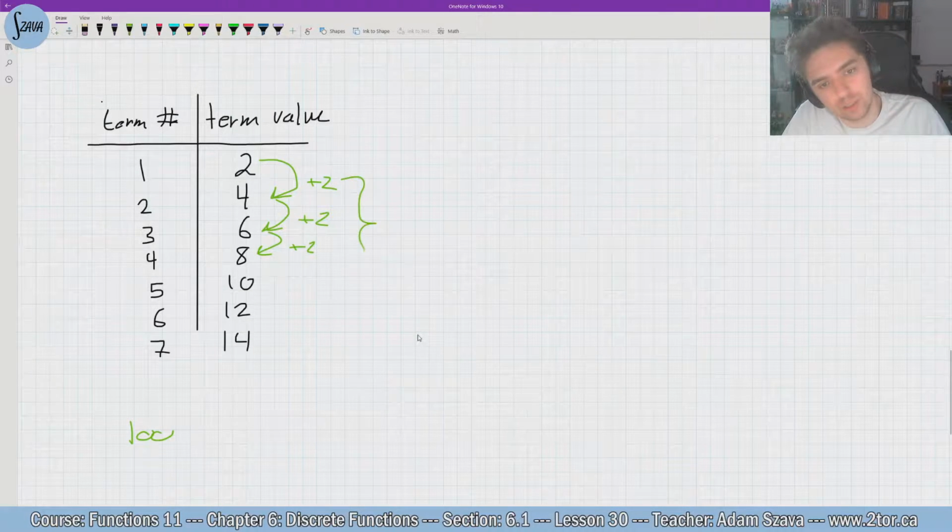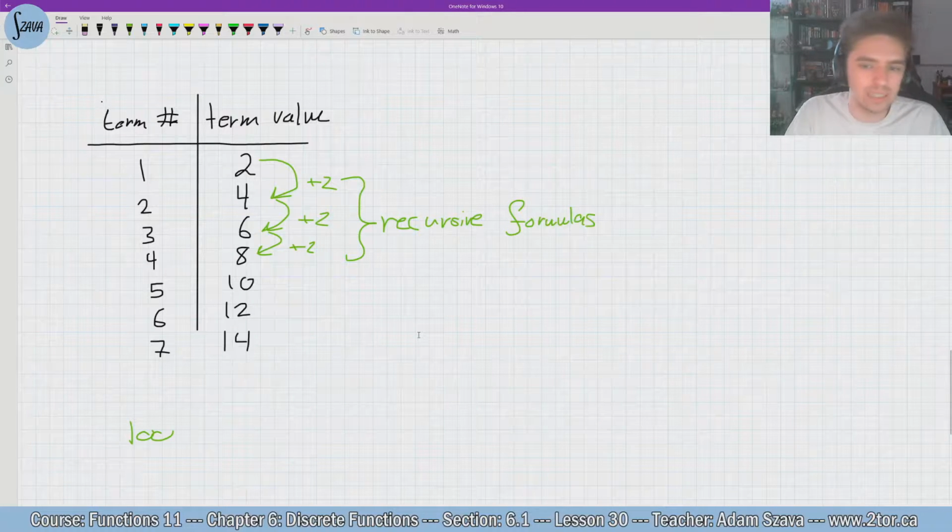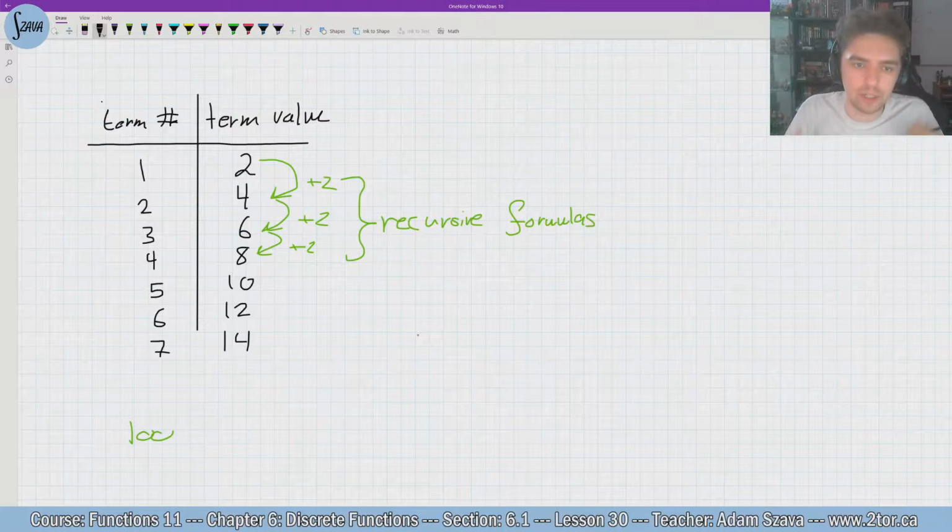That's true with the recursive formula. We're going to talk about recursive formulas next section. But this time we're more interested in what's called an explicit formula. That's a formula where if I just give you the term number, you can tell me the term value without having to know the term before it.